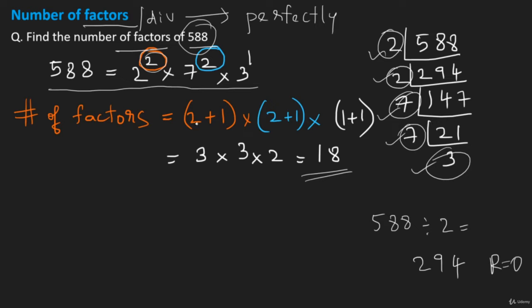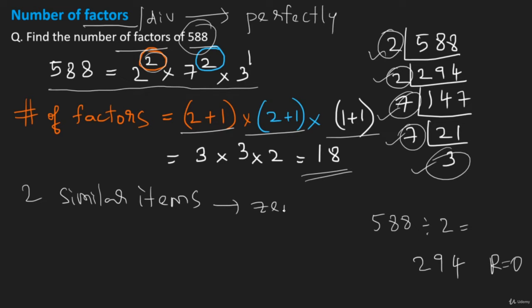Now why does this work? This is also an application of permutation and combination. If you have two similar items, over here it's two 2's, you can take 0 or more items in 2 plus 1 ways.